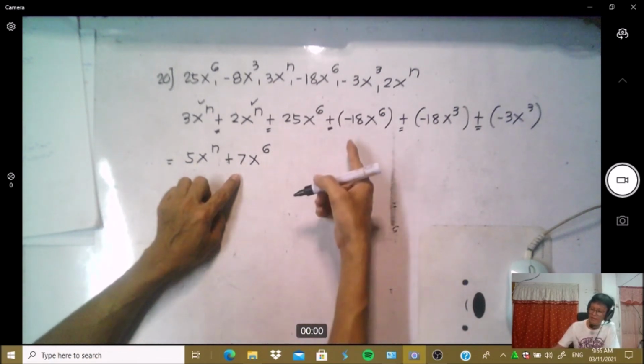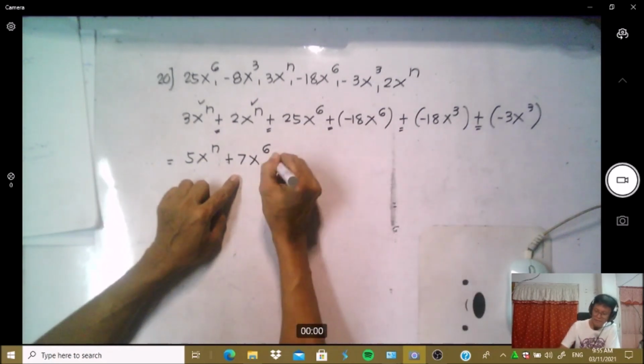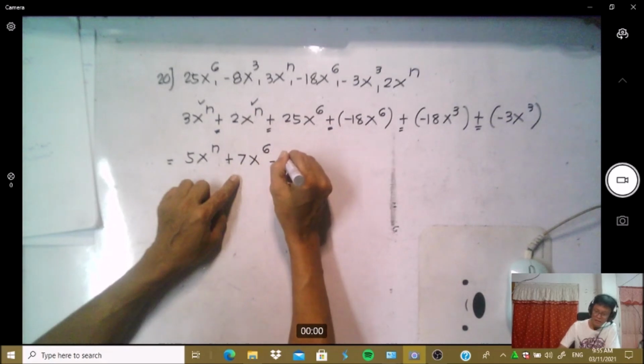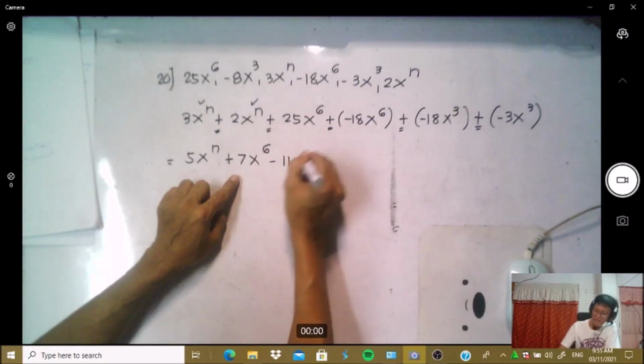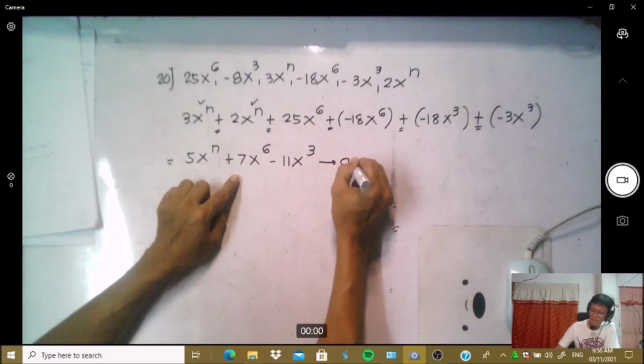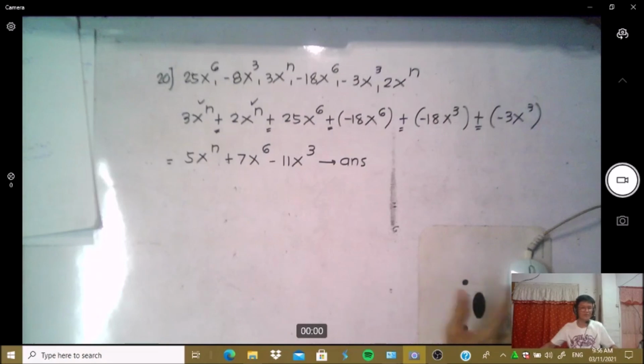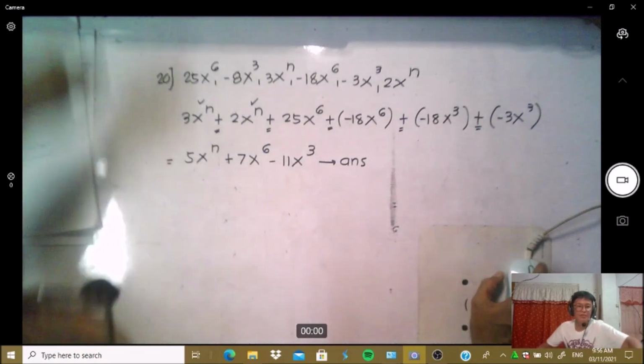Then for x cubed, negative 8, then we have negative 3, that is negative 11x cubed. So we have 5x raised to n plus 7x raised to 6 minus 11x cubed. Okay, this will be our answer. So that ends our video for addition of monomial.